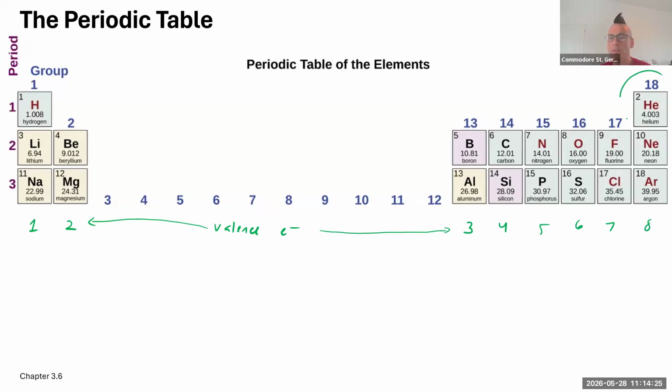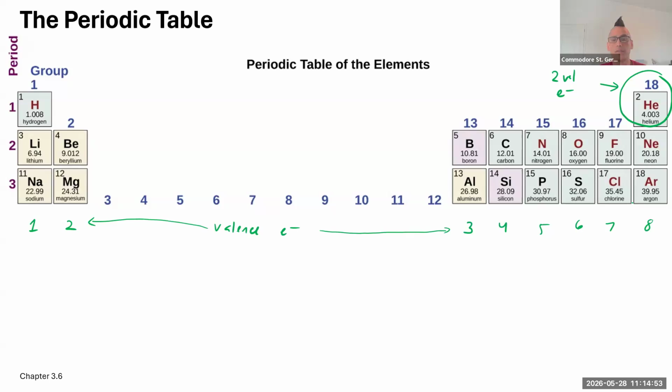And then just to keep this right, I'm going to circle this and say two valence electrons, right? But group one has one, group two has two, group 13 has three, 14 is four, 15 is five, 16 is six, 17 is seven, 18 is eight valence electrons. All right, cool. So there's a trend from the periodic table, a periodic trend, right?